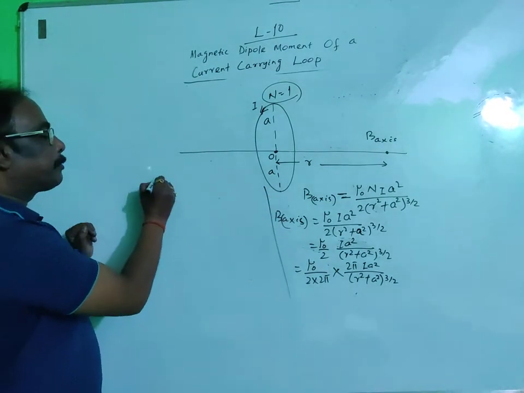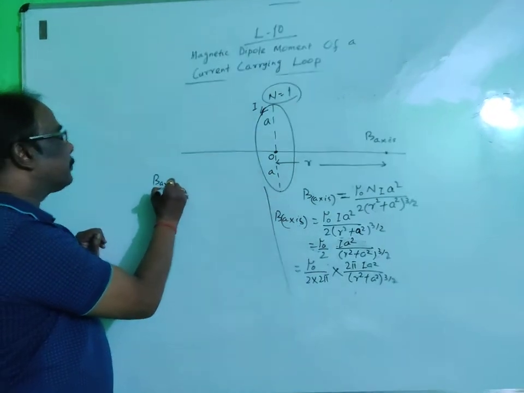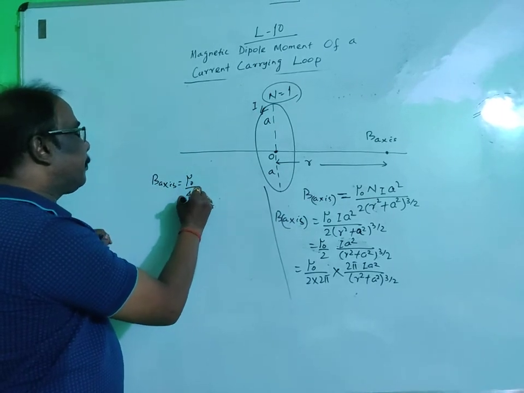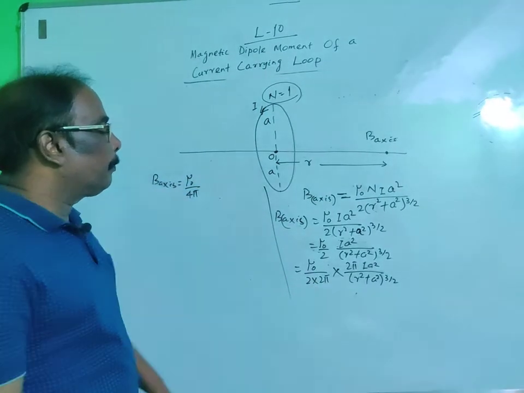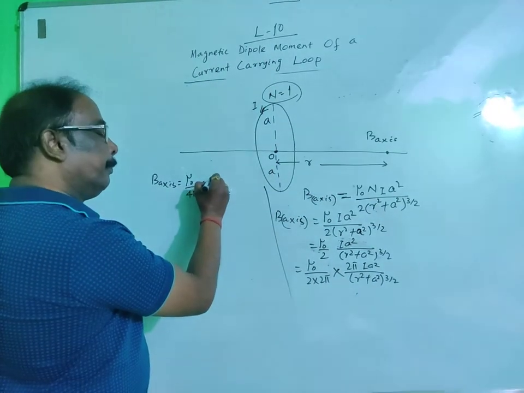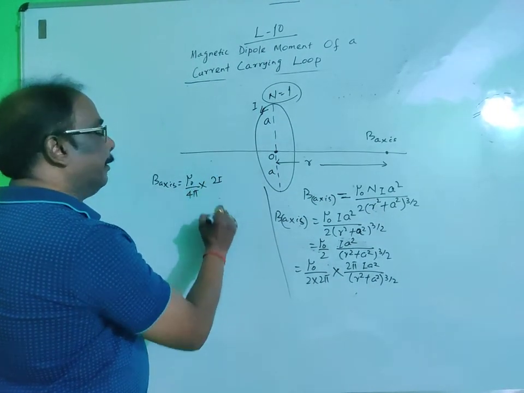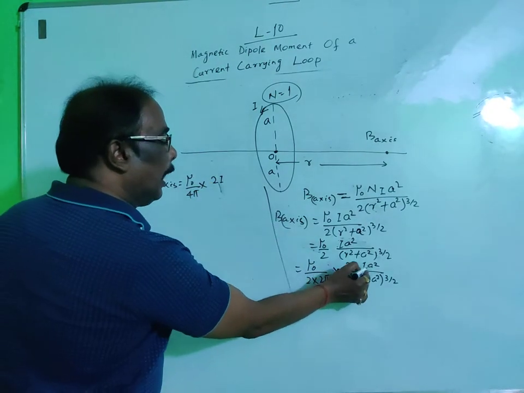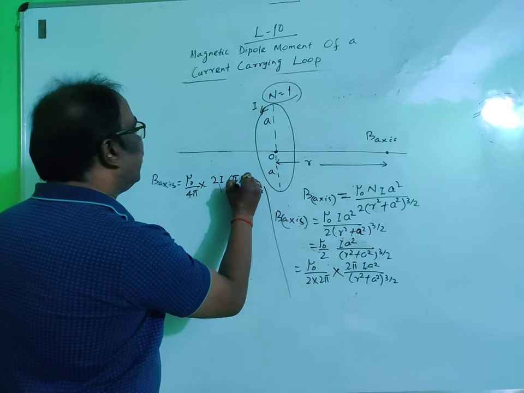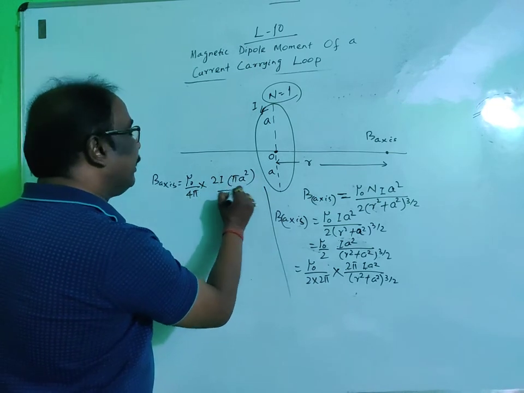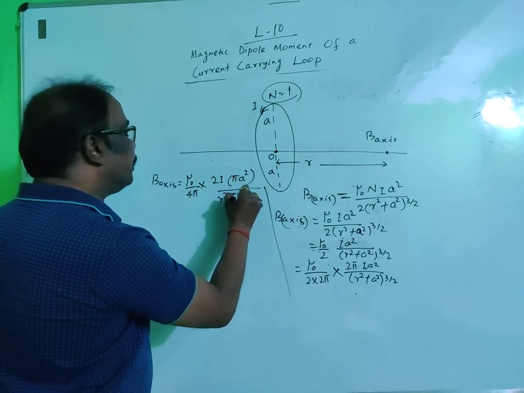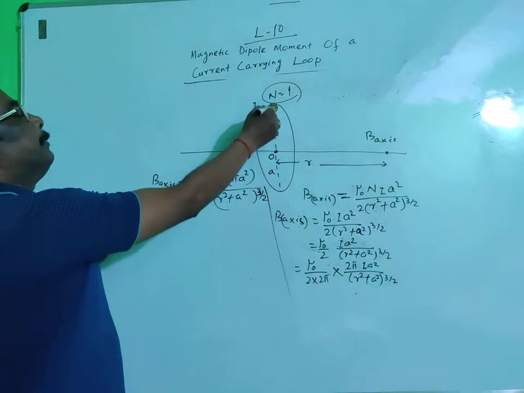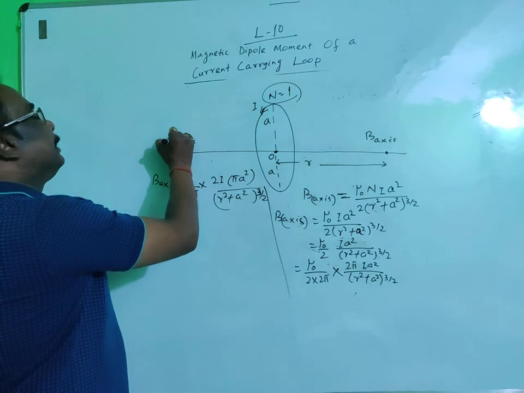Then what will we get? The magnetic field on the axis of the circular coil is given as mu naught by 4 pi into 2 I into pi a square divided by (r square plus a square) whole to the power 3 by 2. So see, the radius of the circle is a, then its area.